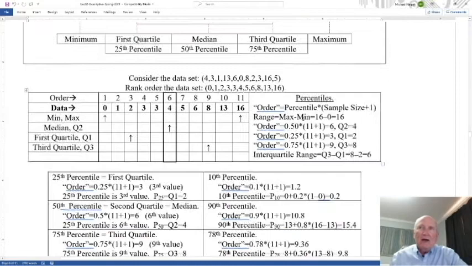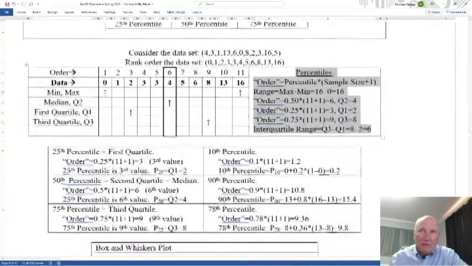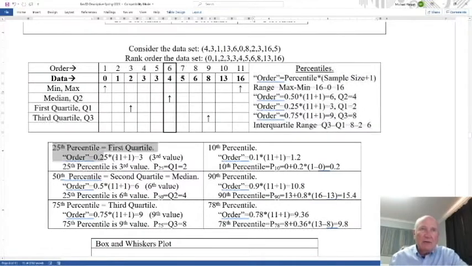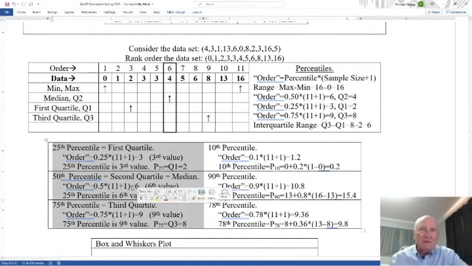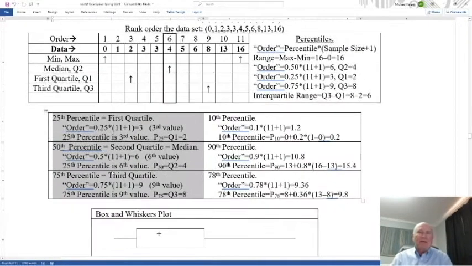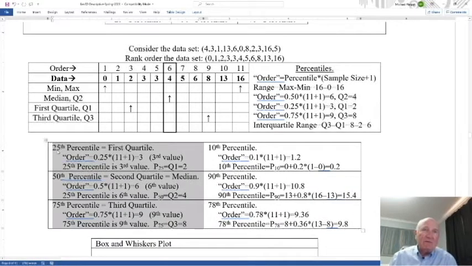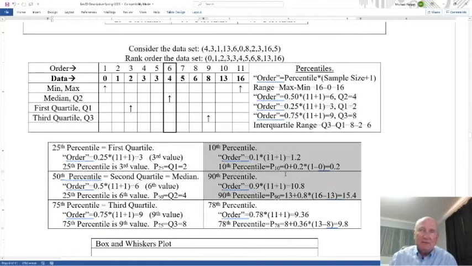Now, here I allude to how you calculate it, but down here I go through the 25th, 50th, and 75th in detail. Okay? But the reason I do that down here is now we don't have to have just 25, 50, and 75. I can have different percentiles, like the 10th percentile and the 90th percentile, or even the 78th percentile. Okay? Well, the 10th percentile here is just 10% of 12, which is 1.2.